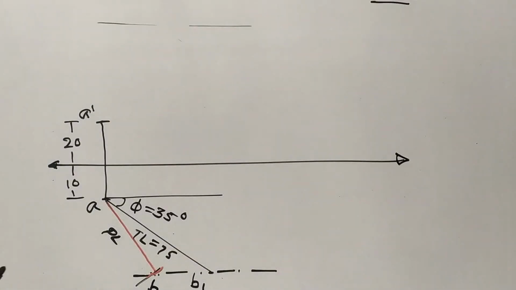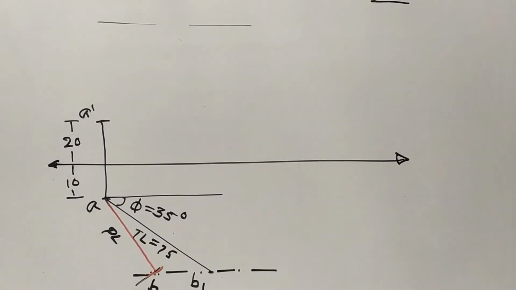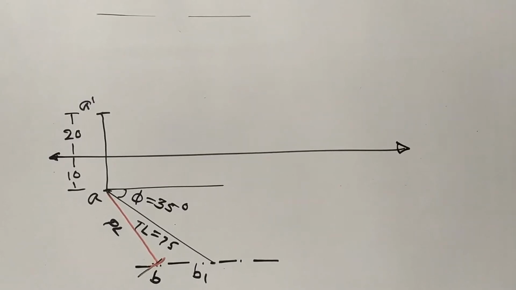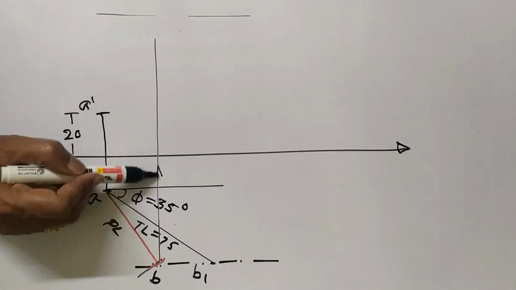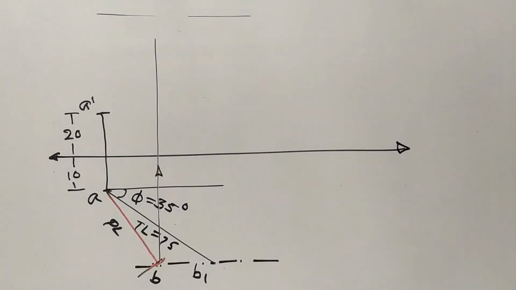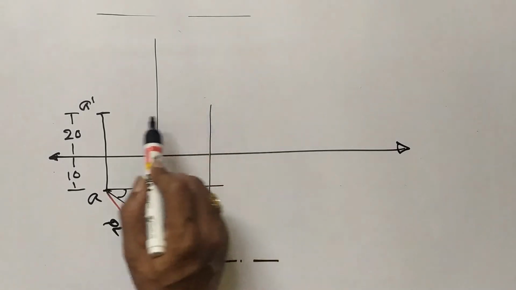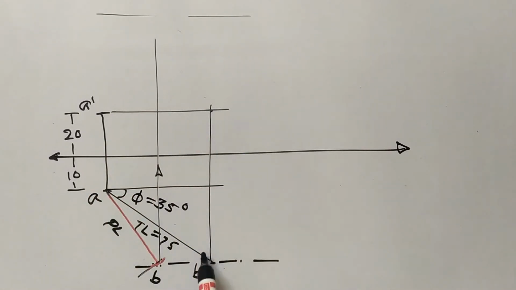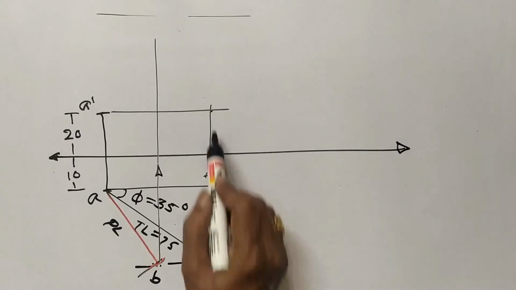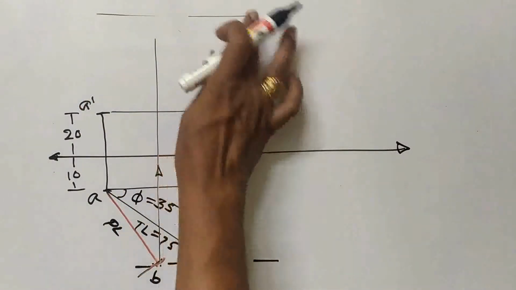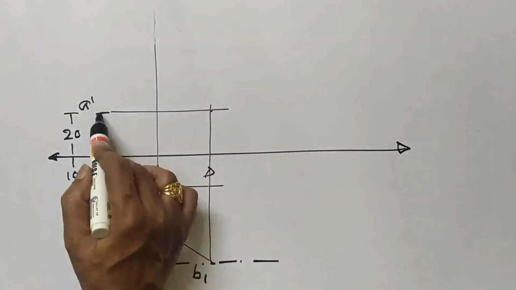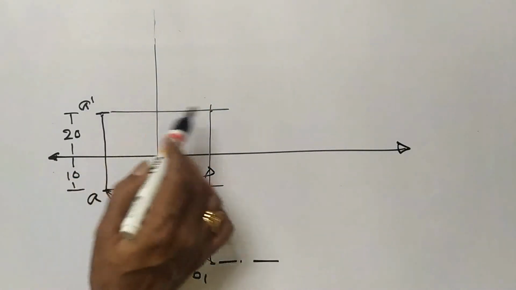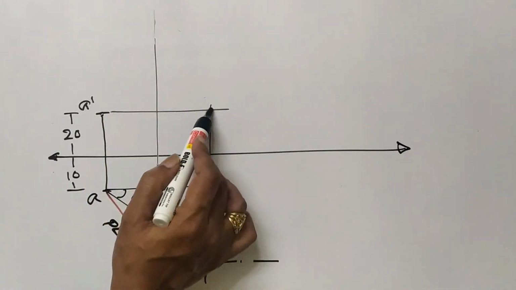So what I will do, I will drop a projector line from B point. This is a perpendicular projector. And then I will project this true length. So this is my elevation length here, and this true length, when I projected it, converted to elevation length, I have to rotate on the projector line. So this is the projector line. So with this as a compass center and this much as a radius, I will rotate it.